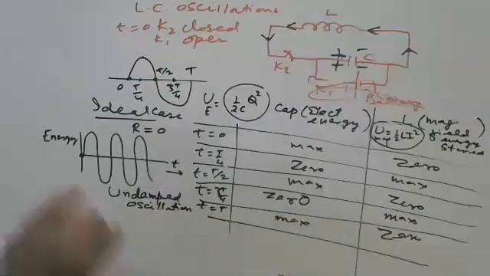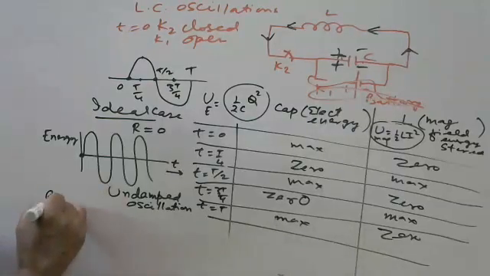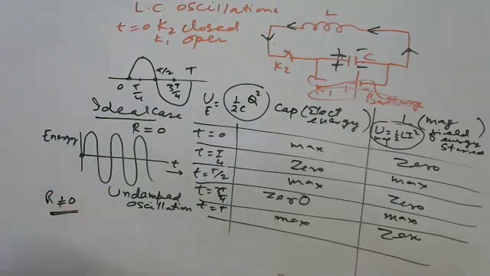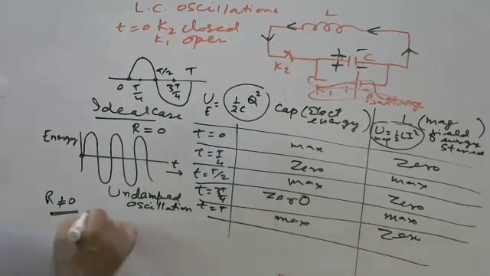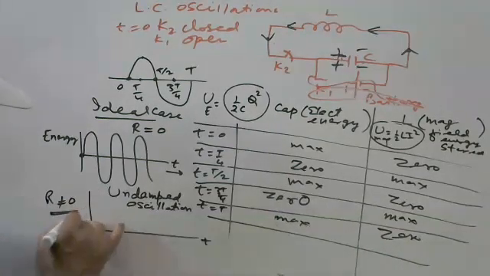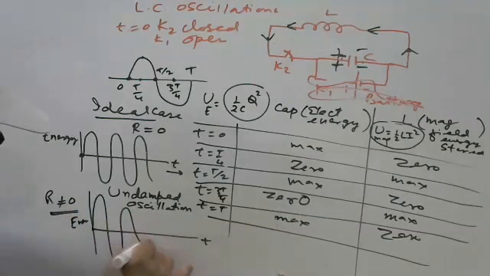If resistance is non-zero, it means some energy is lost in each and every cycle. After a few cycles, the total energy is lost. So this is the energy versus time graph, it is like this.